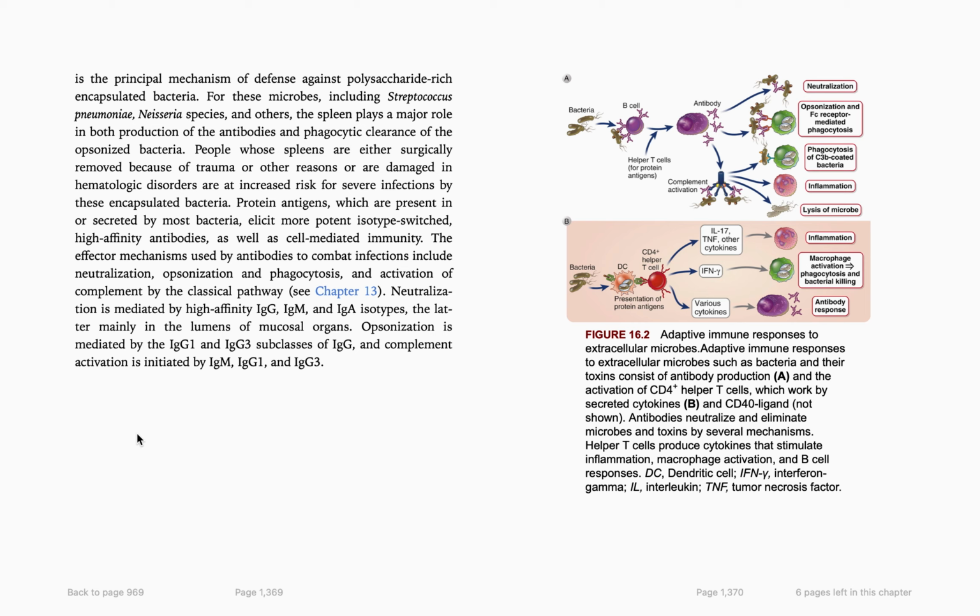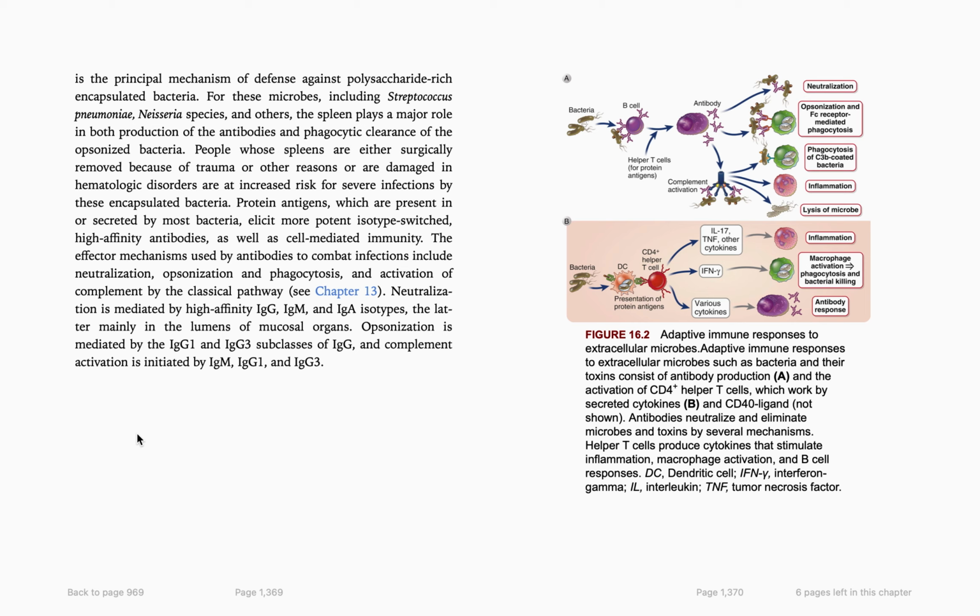Protein antigens, which are present in or secreted by most bacteria, elicit the most potent isotype switching, high-affinity antibodies, as well as cell-mediated immunity. The effector mechanisms used by antibodies to combat infections include neutralization, opsonization and phagocytosis, and the activation of complement by the classical pathway.